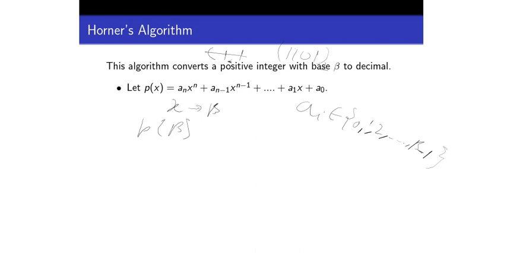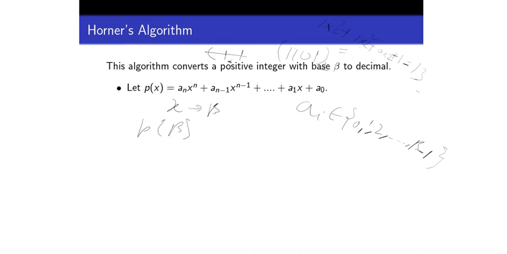If I wish to find its decimal form, it is 1 times 2 to the power 0, plus 0 times 2, plus 1 times 2 squared, plus 1 times 2 cubed. That equals 8 plus 4 is 12, plus 1, that's 13 in decimal.